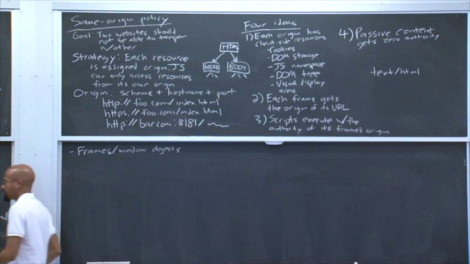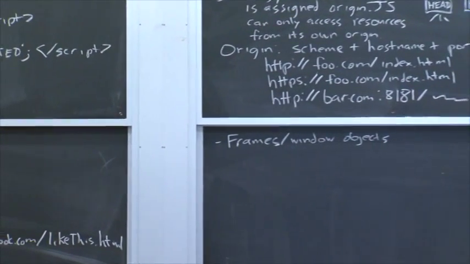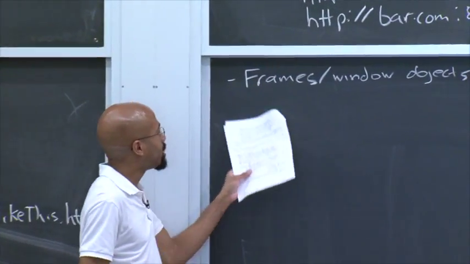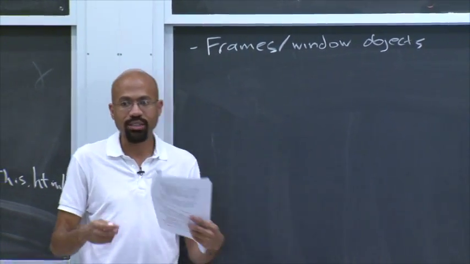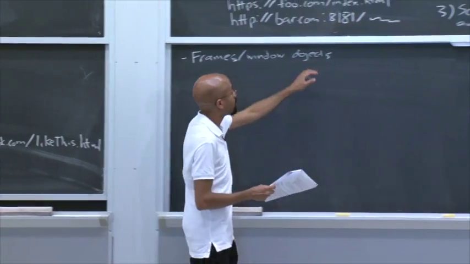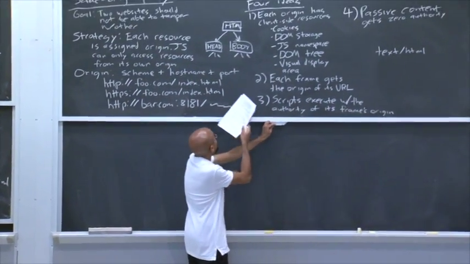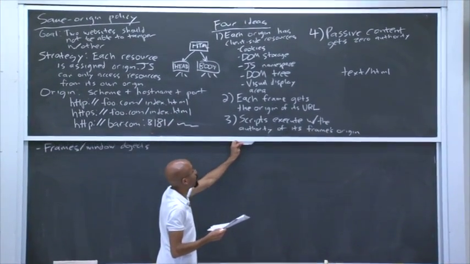So frames represent these separate JavaScript universes that we discussed over here. Implementation-wise, a frame with respect to JavaScript is an instance of a DOM node, right? So I forget where I drew. Oh, yeah, this DOM node up here. So the frame would exist as a DOM node object somewhere in this hierarchy that's visible to JavaScript.